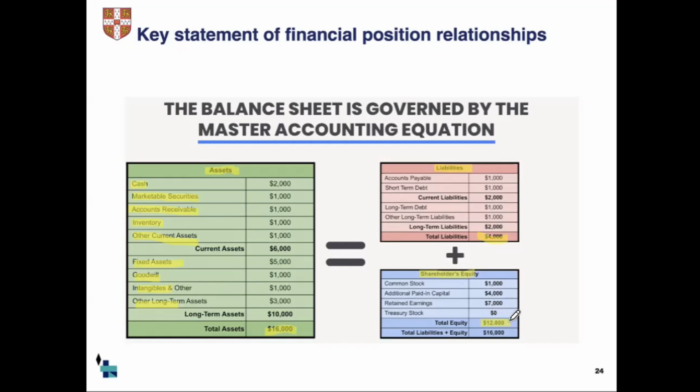That's all we are saying. That the assets of the business will either be financed with borrowings, which is liability, or the contribution of the owners, which is called equity. All right. So very simple relationship that we have to know and understand.